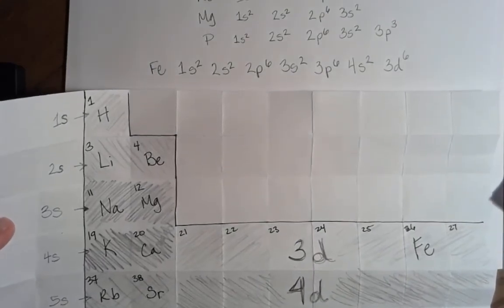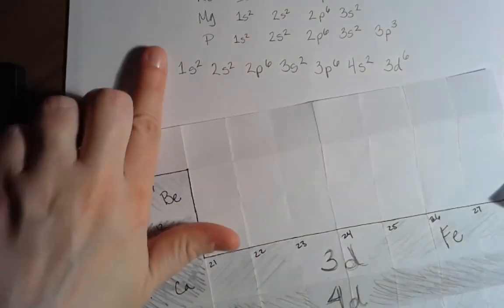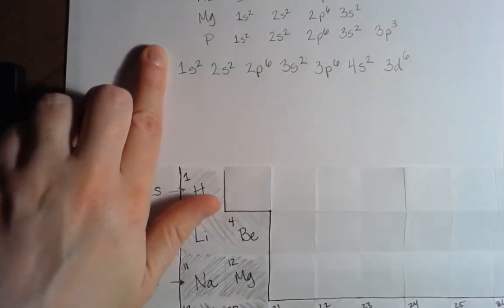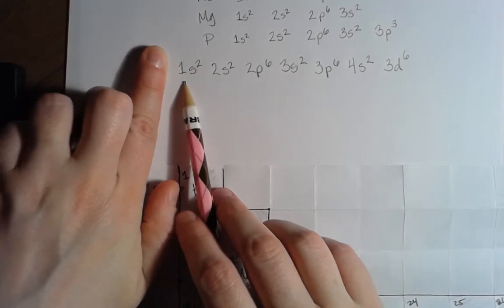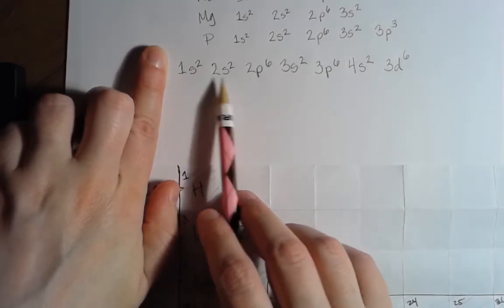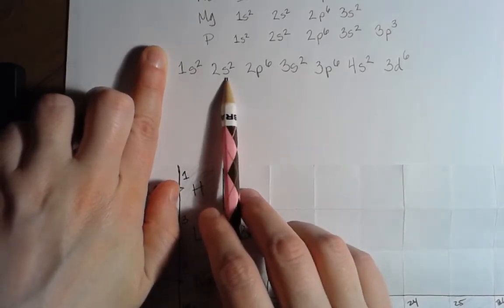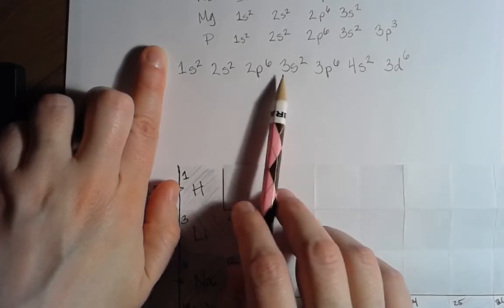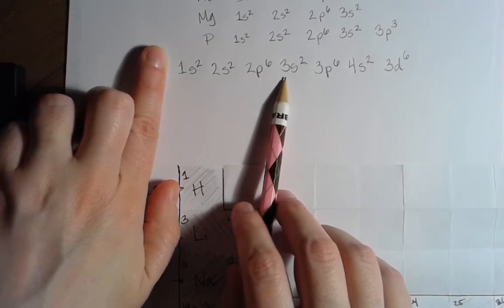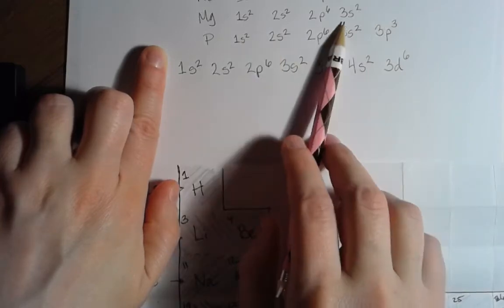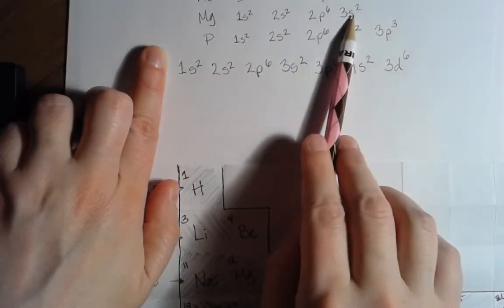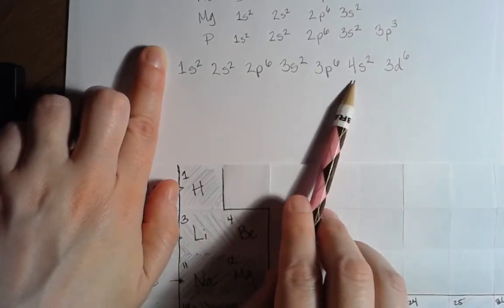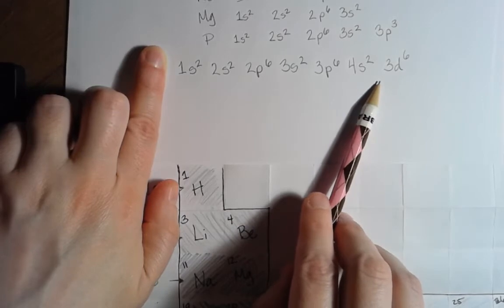All right, and this, I could hand you this. You could use your table and say, well, my 1s2, 1s is full, 2s2, 2s is full, 2p6, my 2p is full, 3s2, 3s is full. We did 3s2 over here. That's magnesium when 3s is full. 3p6, 4s2, 3d6.